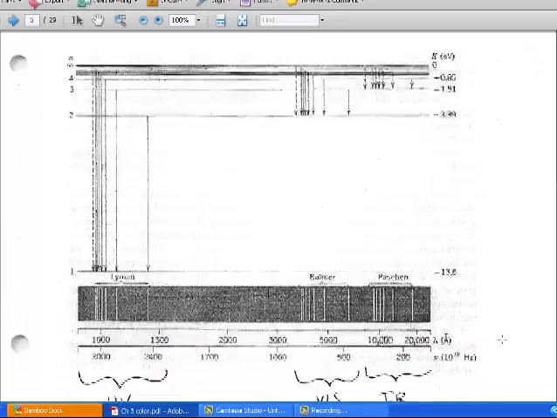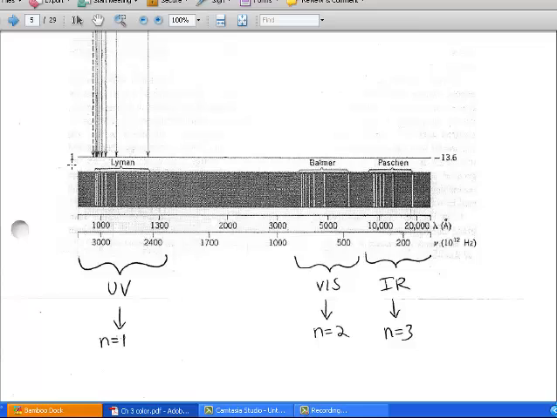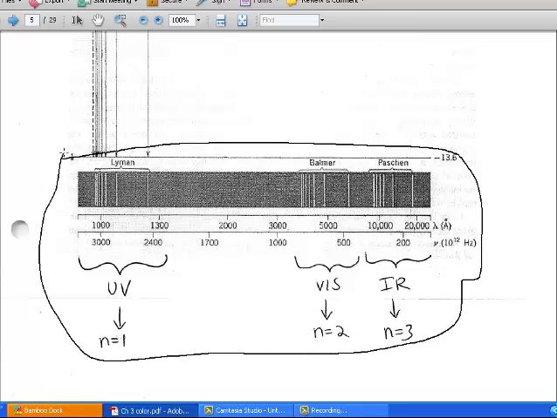We're just going to focus on part of this picture, just this area. And so this is a view of the spectral lines of the hydrogen atom. So this is atomic spectra.